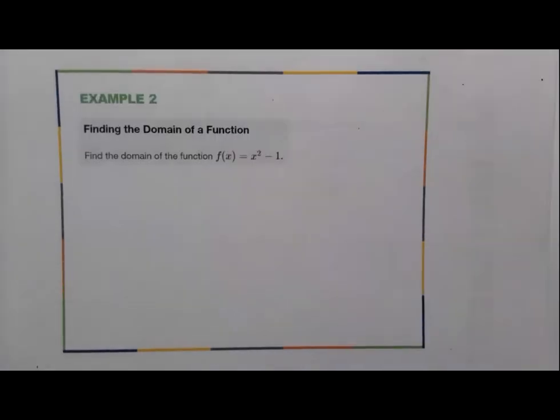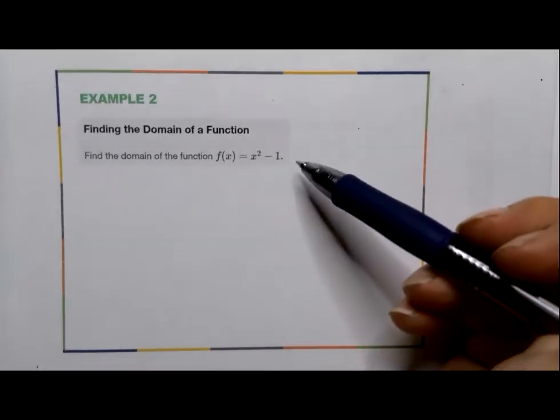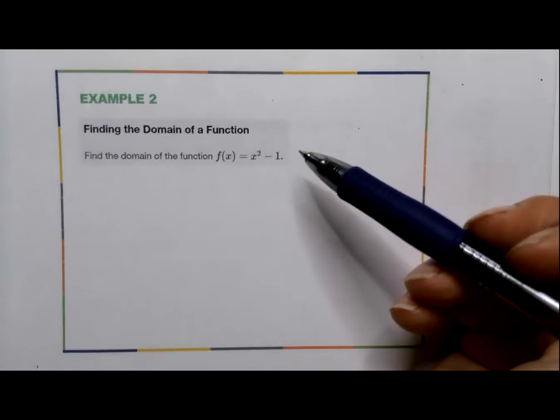Okay, so I assume that everything is clear when you have only points, when the function is defined as a set of points. Now the question is, how do you find the domain of the function when you have an equation and not a set of points?